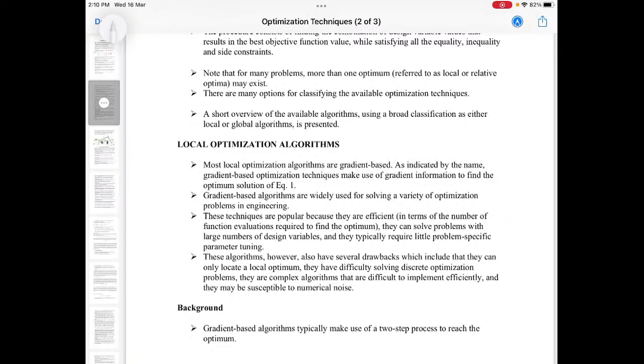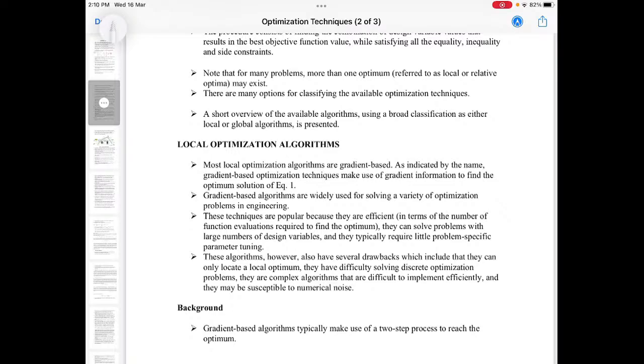noise. So what is meant by numerical noise? Numerical noise is an unavoidable byproduct of computational fluid dynamics. We are dealing with problems involving computational fluid dynamics or CFD simulations, and here numerical noise is unavoidable, a byproduct of CFD simulations.